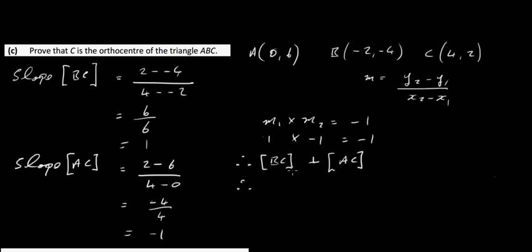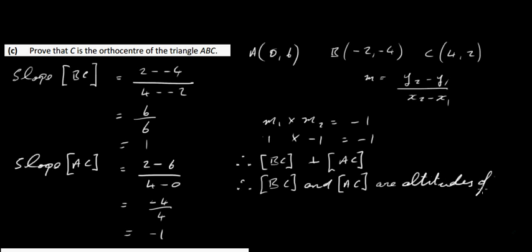Therefore, if you want to write this out properly, therefore the line segments BC and AC here are altitudes of the triangle ABC.